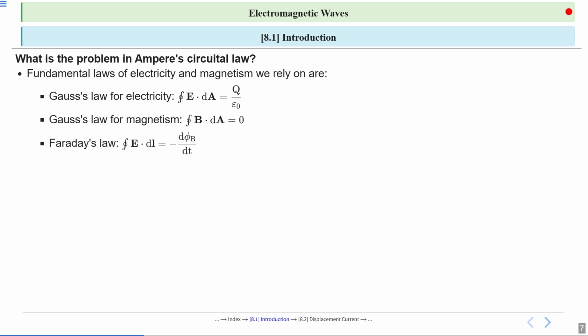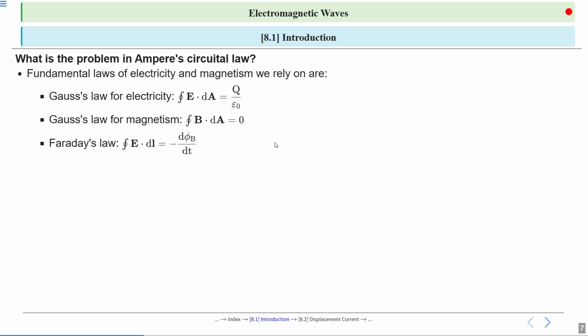Now Faraday's law. What was Faraday's law? EMF epsilon is equal to d phi B upon dt. EMF is a type of voltage, and we know the relation between electric field and potential difference: E is equal to minus dV by dl. So potential difference is somewhat EMF, and they can be used interchangeably.